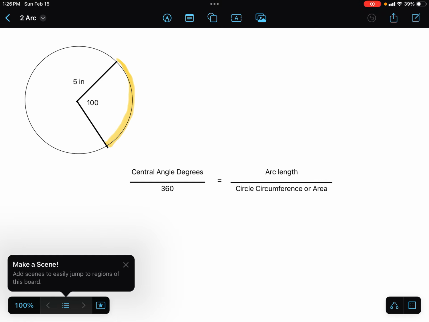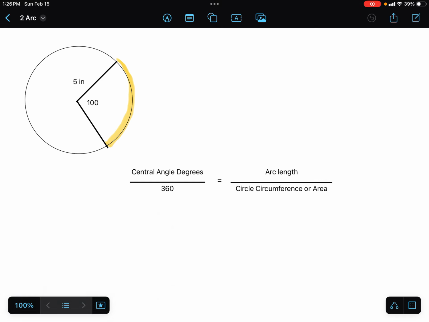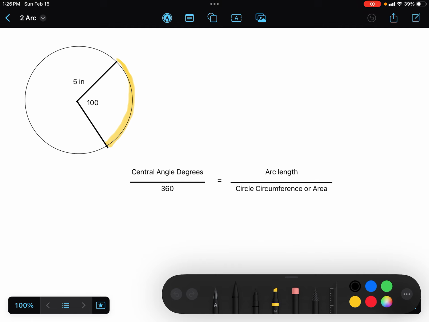Here is an arc problem. So here we're asked to find the highlighted arc length. We're given a central angle of 100 degrees and we're given a radius of 5 inches. So you can see the top left is the central angle degrees.